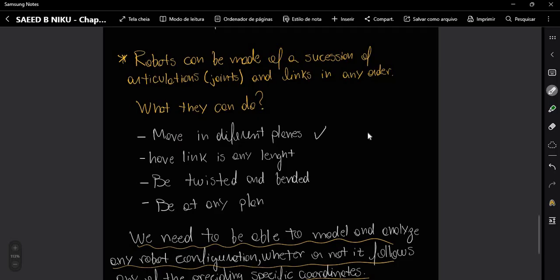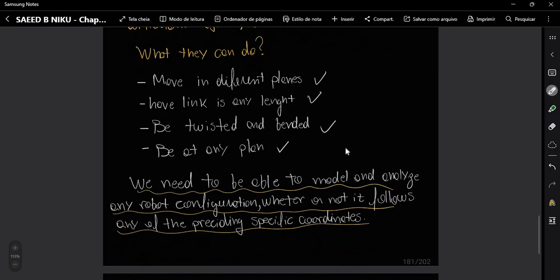They can have links in any length. They can be twisted and bent, at any plane, if we model it using DH representation.